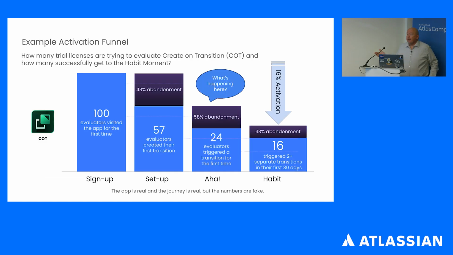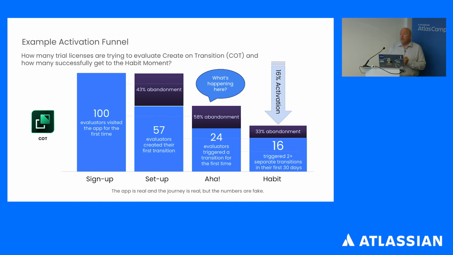All right, let's map it again to Create on Transition. We want to know how many trial users, or trial licenses, that are trying to evaluate Create on Transition successfully get to the habit moment. So, as the small text says, app is real, journey's real, numbers are fake, but they illustrate the point.